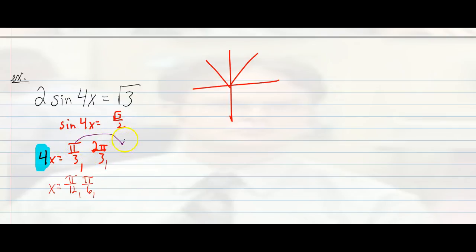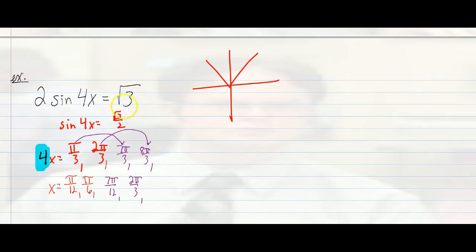If I add 2 pi onto that one, that would be 7 pi over 3. If we add 2 pi onto that one, then that one is 8 pi over 3. Then divide those answers by 4 to go from 4x to x, and we get 7 pi over 12. And the next one would be 8 pi over 12, which simplifies to 2 pi over 3. I know I need 4 times as many answers. I've got twice as many answers right now, so we need to find more.